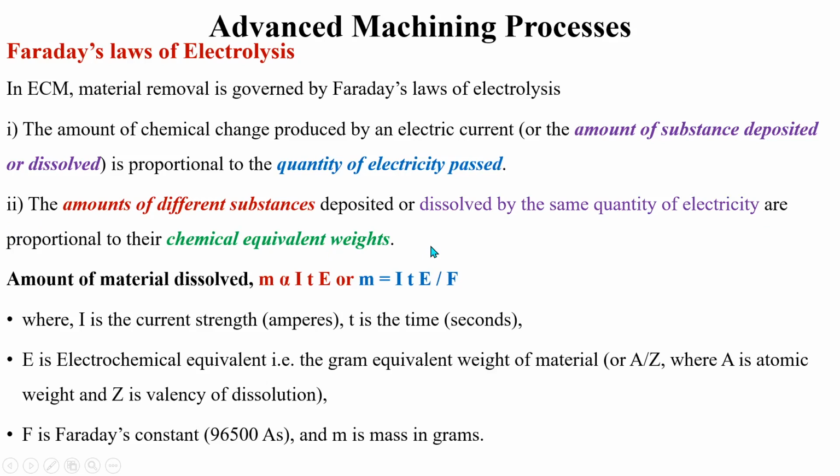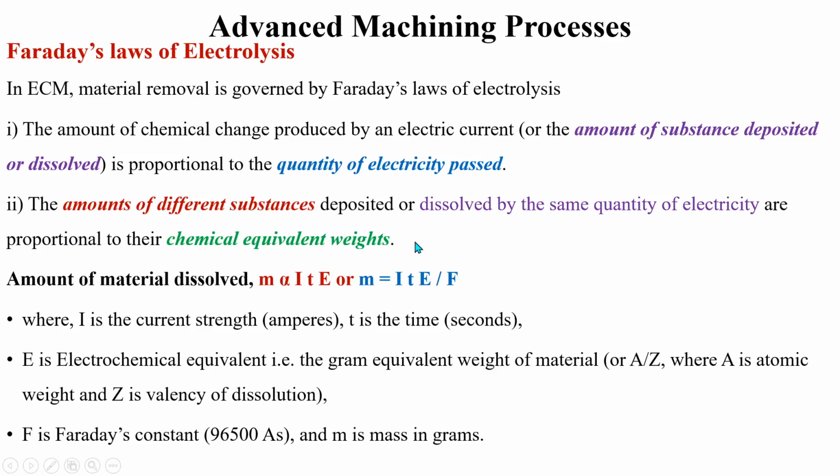For example, if you consider an aluminum and copper alloy, we have two different substances, aluminum and copper. For the same given quantity of electricity, aluminum will dissolve at a particular rate, whereas copper will dissolve at a different rate. This amount dissolved depends upon their electrochemical equivalent weight.